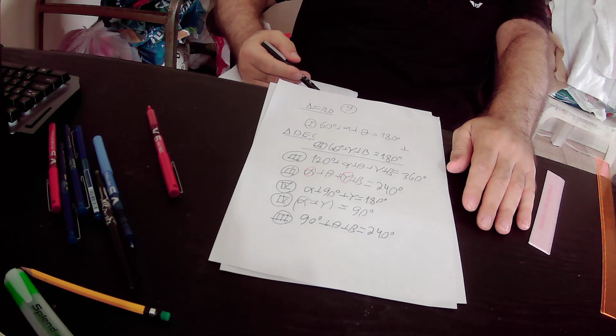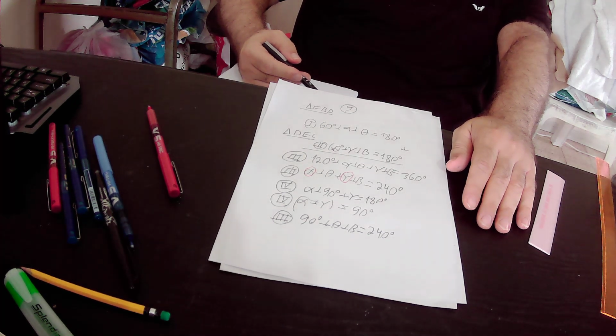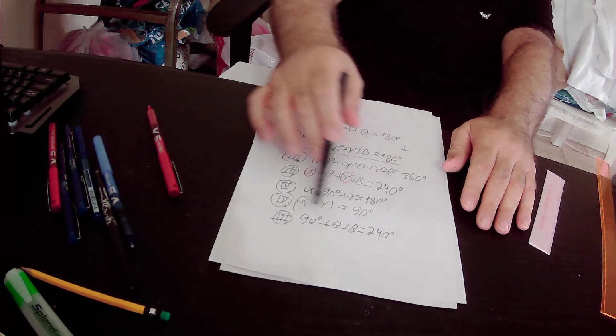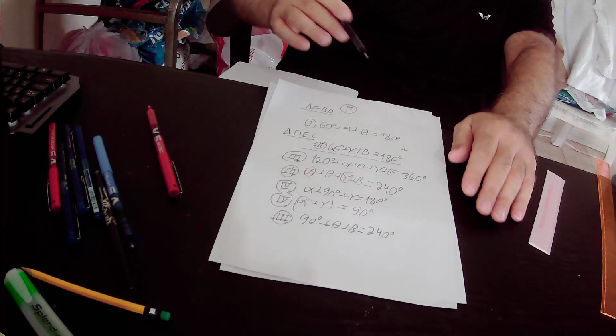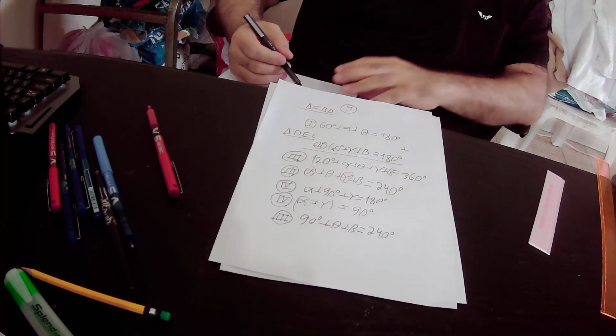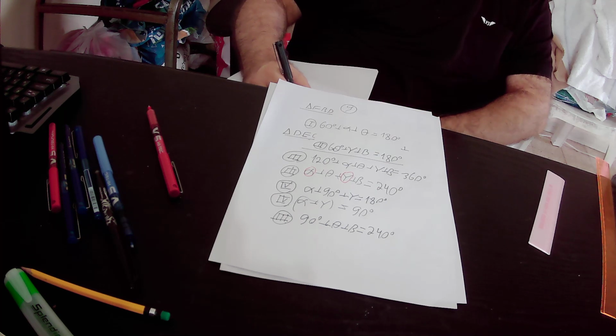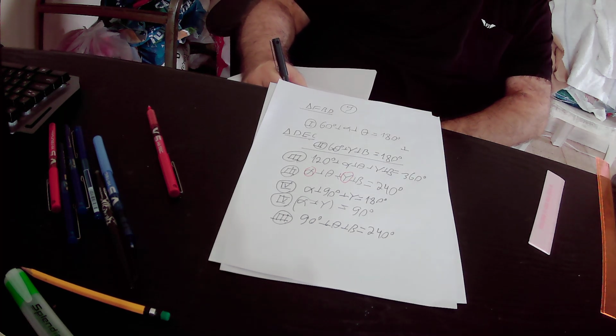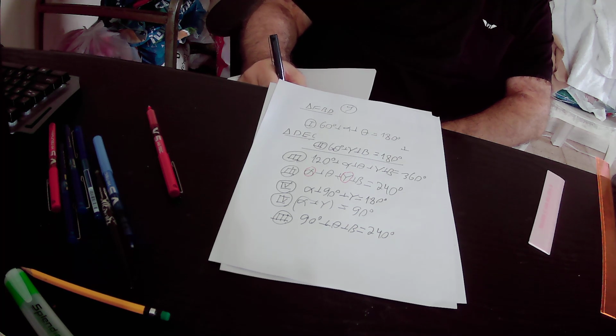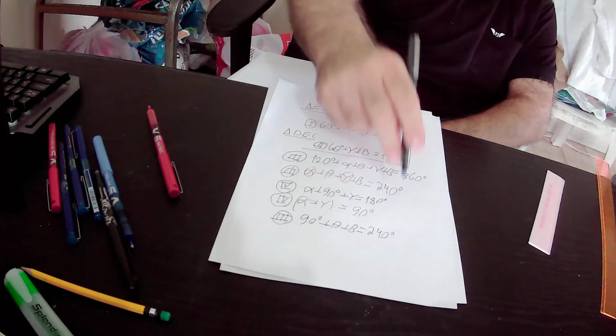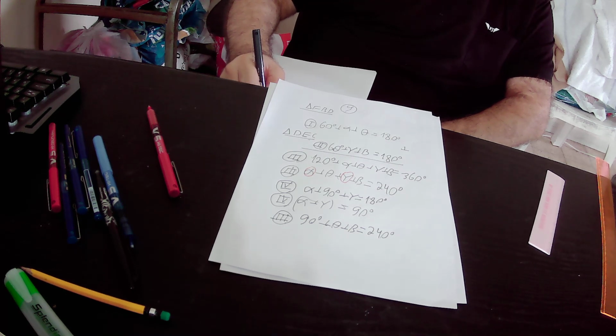In the next step, we will subtract 90 degrees from equation number 3, and we will get that theta plus beta equals 240 degrees minus 90 degrees, which equals 150 degrees.